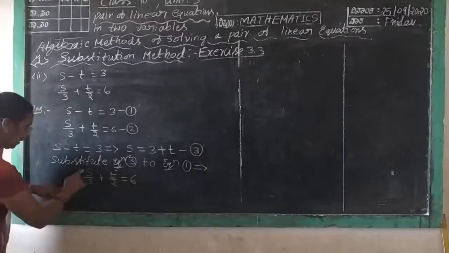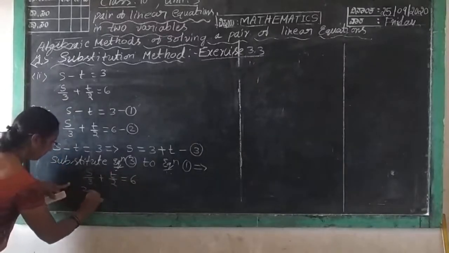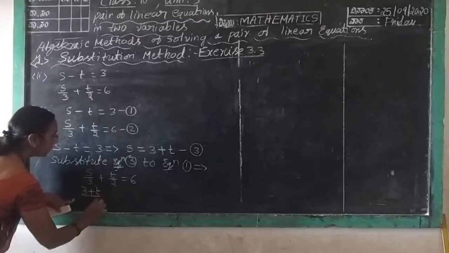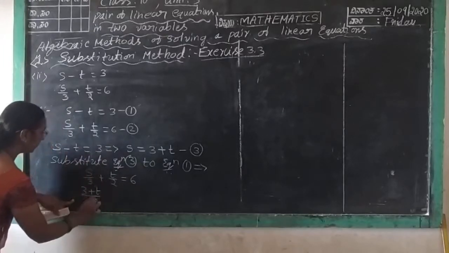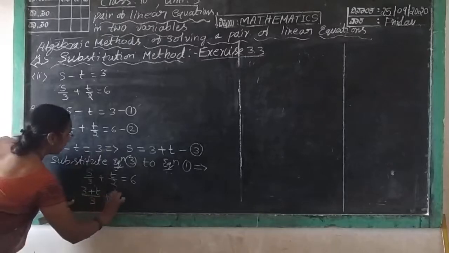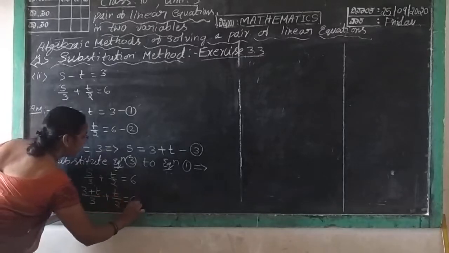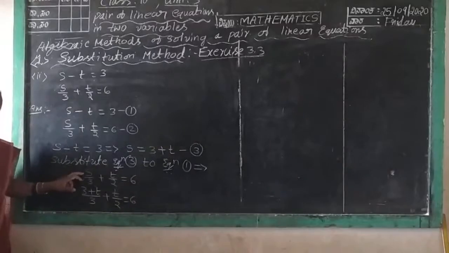S is 3 plus t, so 3 plus t by 3 plus t by 2 is equal to 6. We substitute the s value into the second equation.